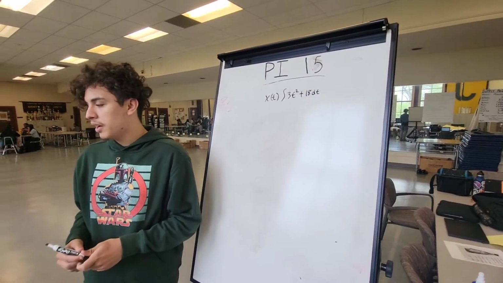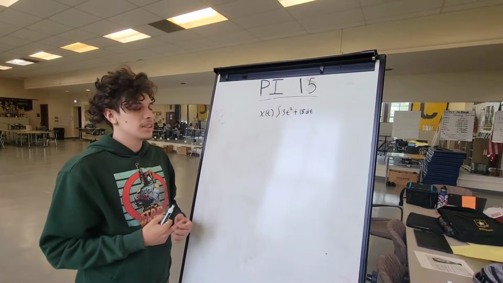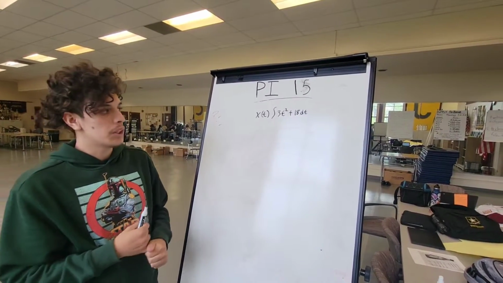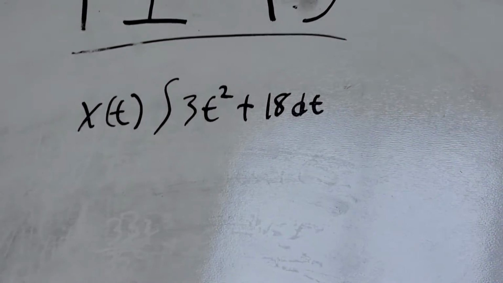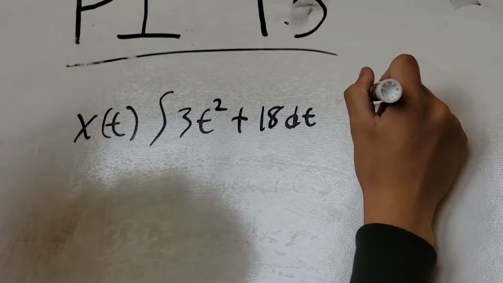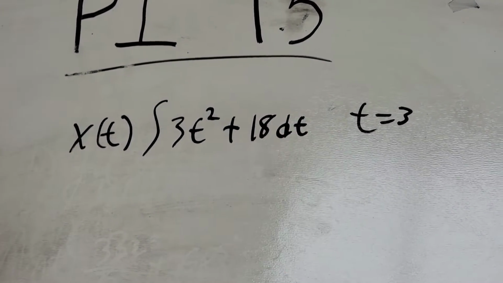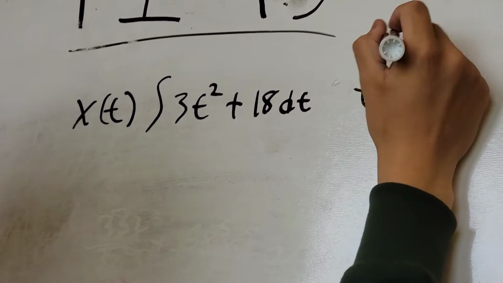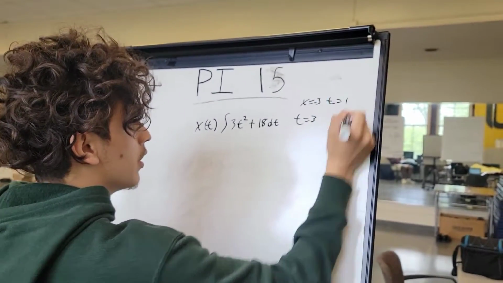We were given an FRQ by Delta Math, and we have to find the position of a particle with this given derivative at t equals 3. We were also given another value: x equals negative 3 at t equals 1.